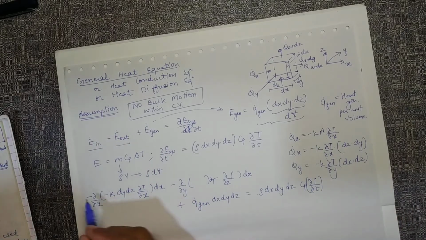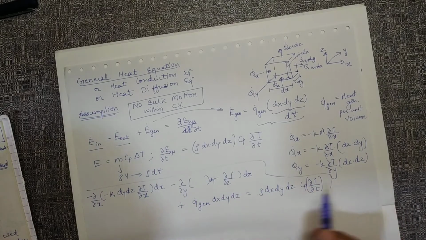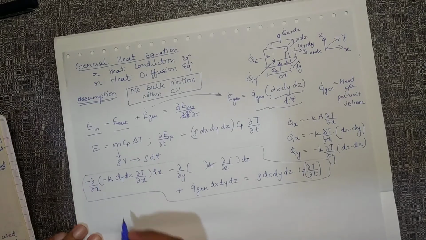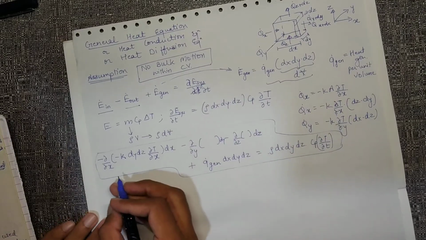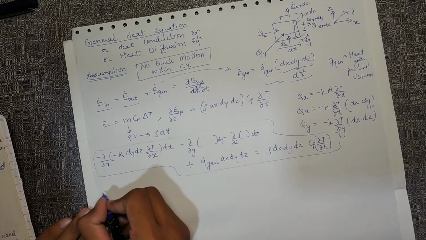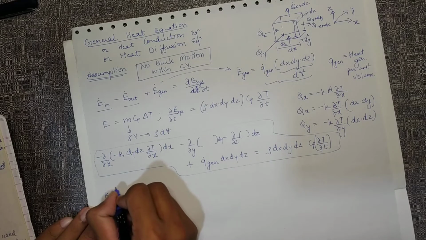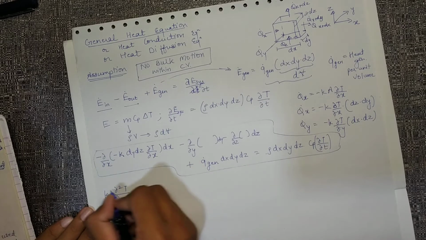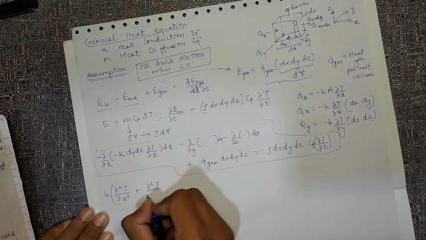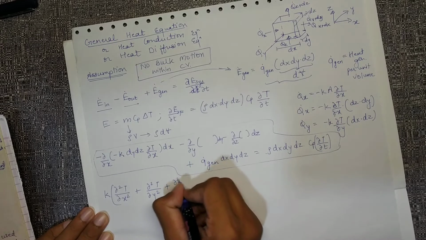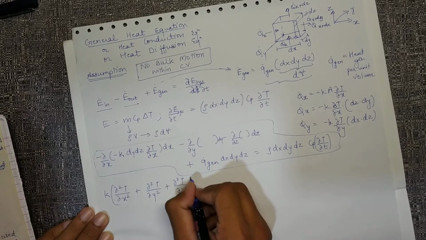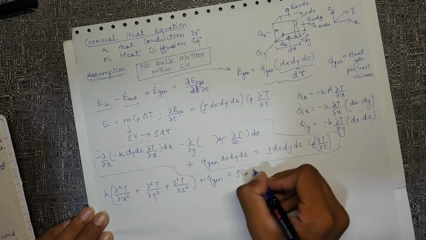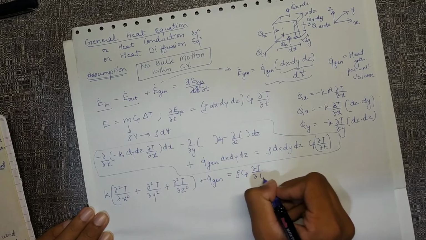So we have got this equation, and simplifying it, I'll get k times del square T upon del x square plus del square T upon del y square plus del square T upon del z square, plus q dot gen is equal to rho Cp del T by del t.